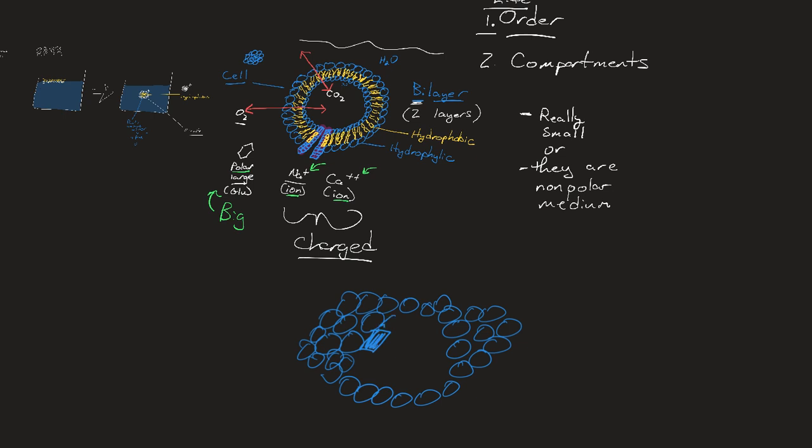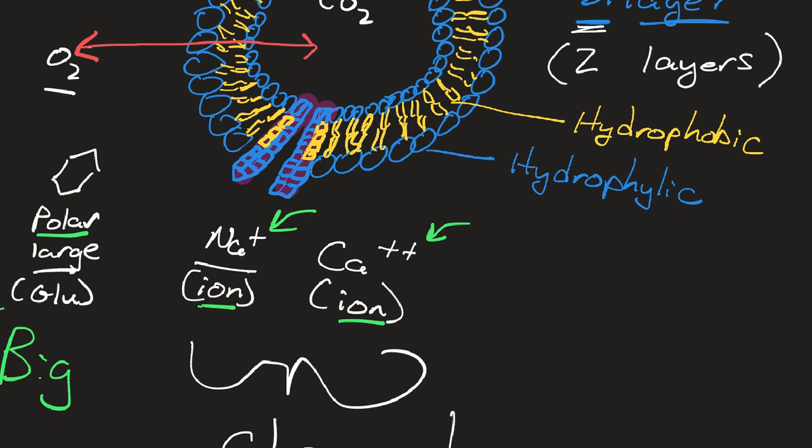I'm doing them in a square. Let's make these green. These hydrophilic proteins, let's make them green. Hydrophilic amino acids, they could be charged, they could be polar. Those are R groups. Remember that all amino acids, do you remember that?